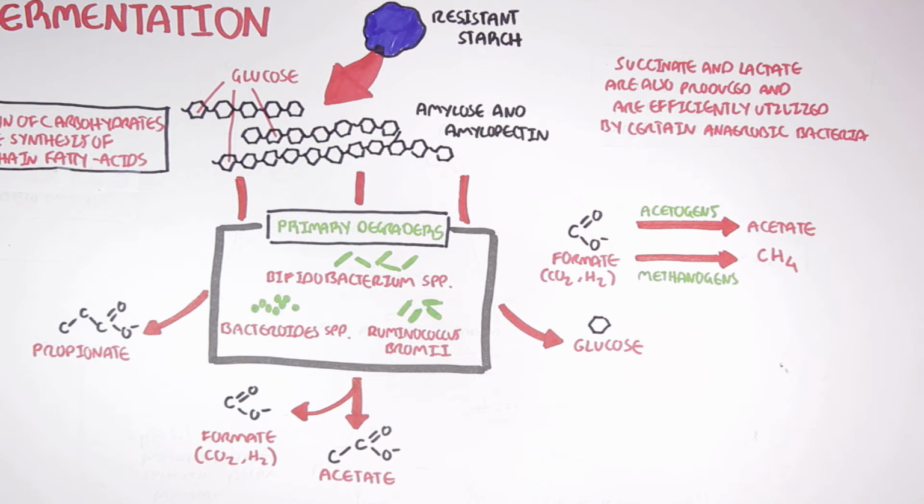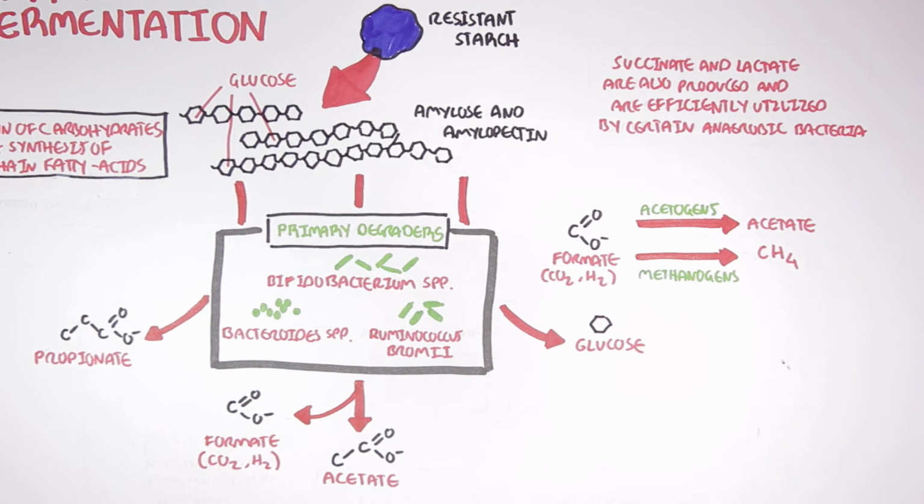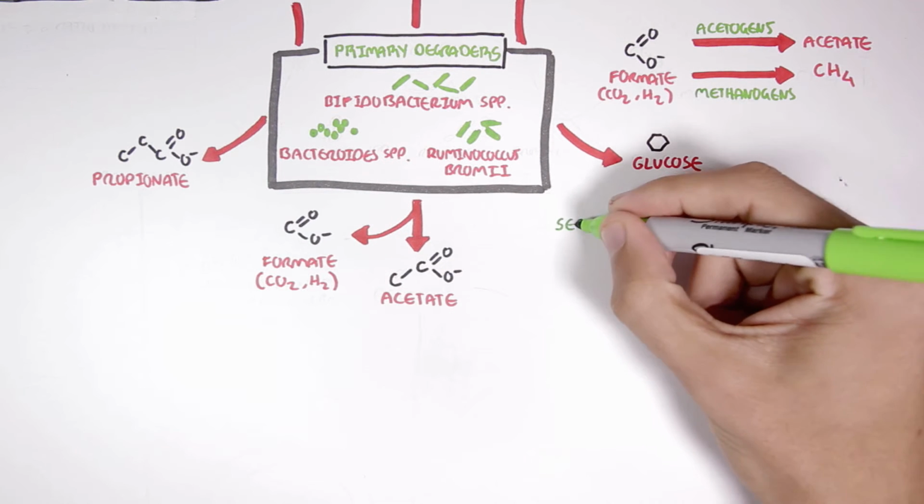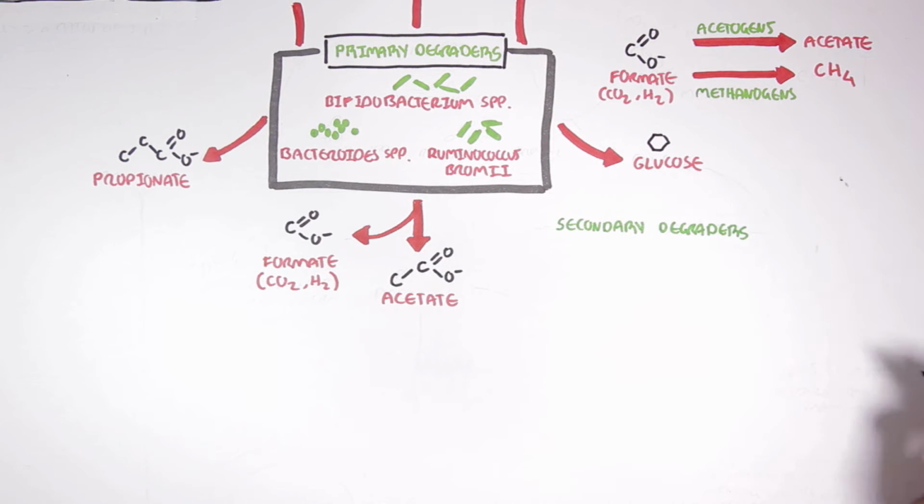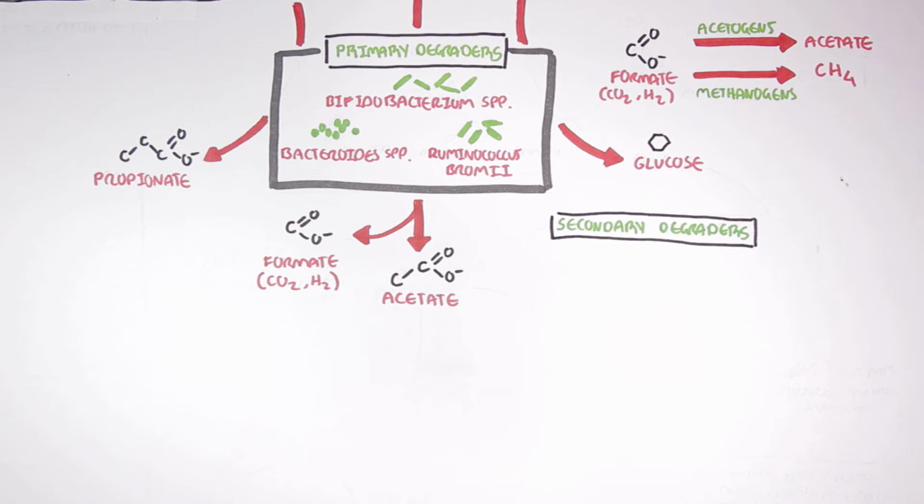Now back to the degraders. There is another set of bacteria called the secondary degraders that also contribute to the fermentation of resistant starch. However, the secondary degraders are considered to have no enzymes that initiate the cleavage of glucose from the glucose polymers that make up resistant starch.